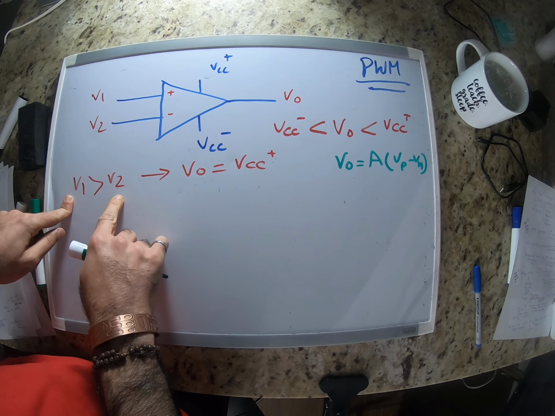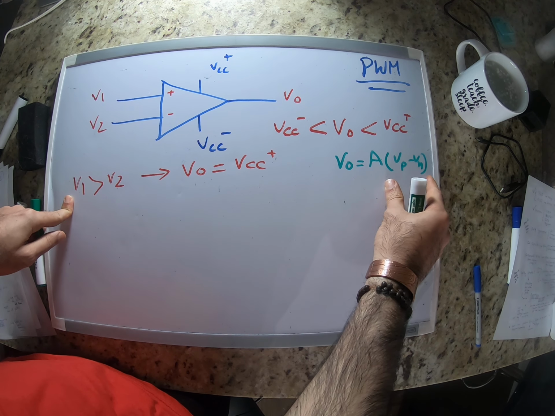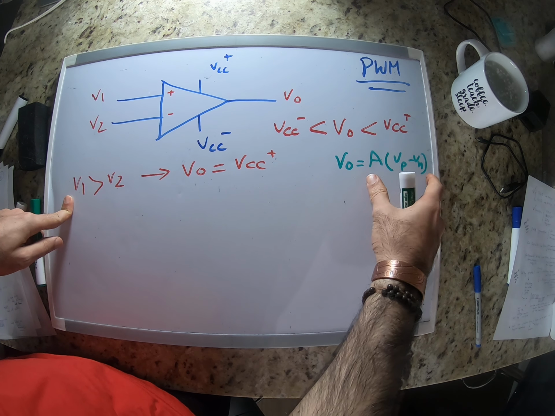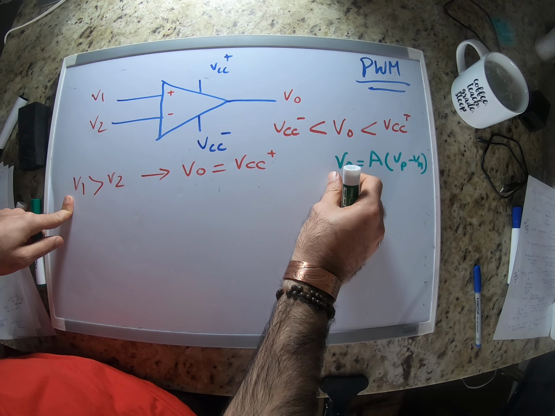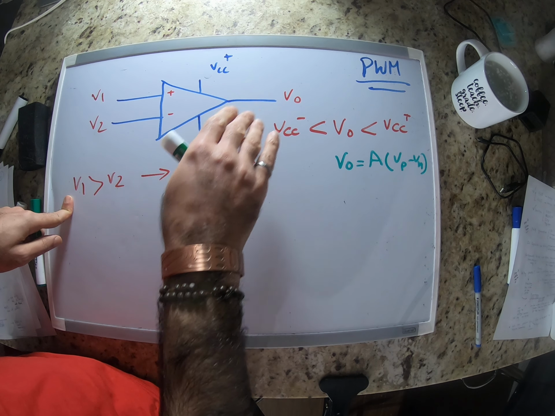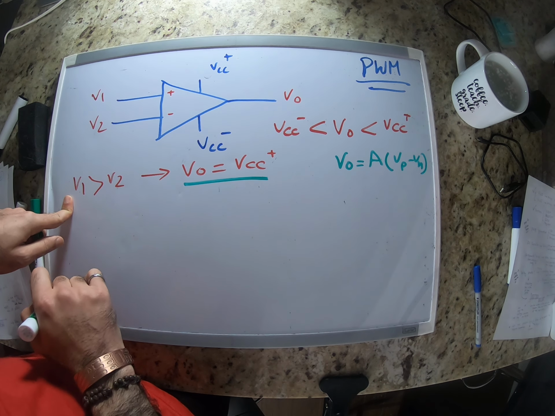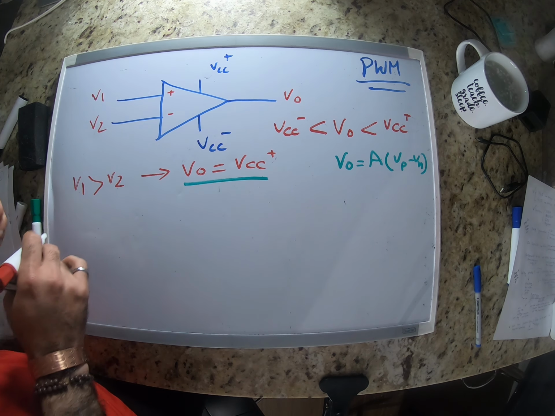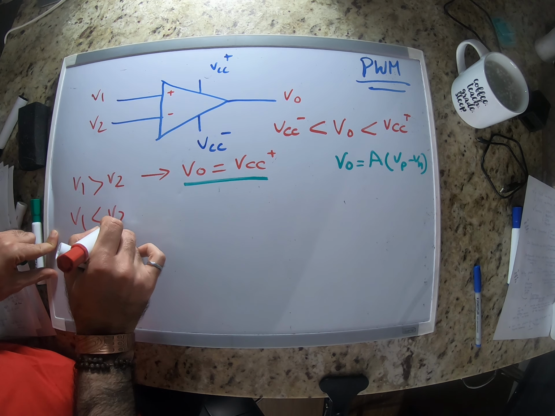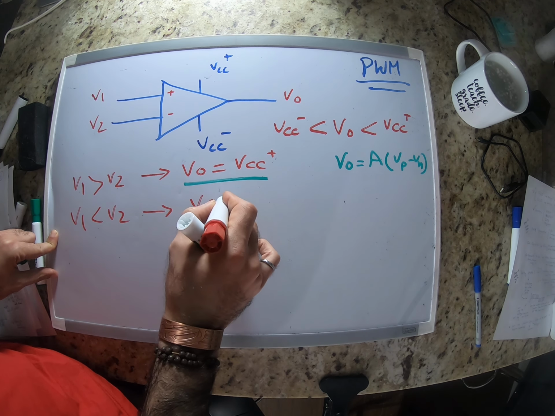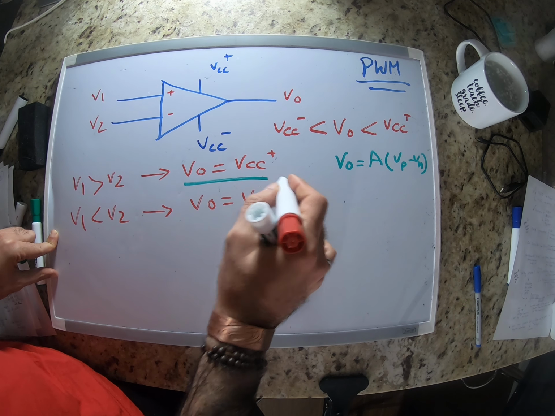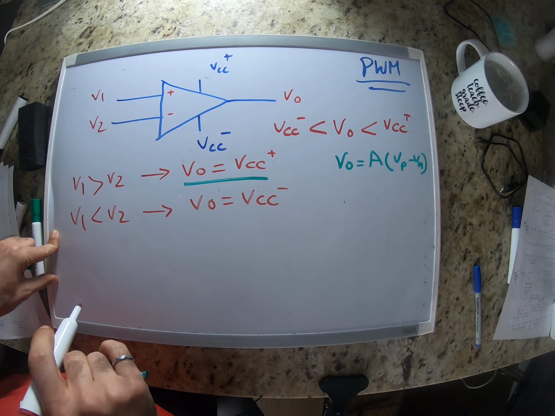So if V1 is bigger than V2, this is going to be positive, a very huge number. So the op amp goes into saturation mode and VO would be fixed at VCC plus. If V1 is smaller than V2, VO is going to be equal to VCC minus.